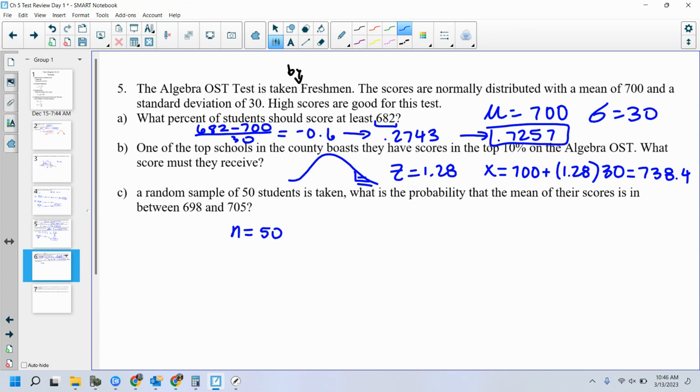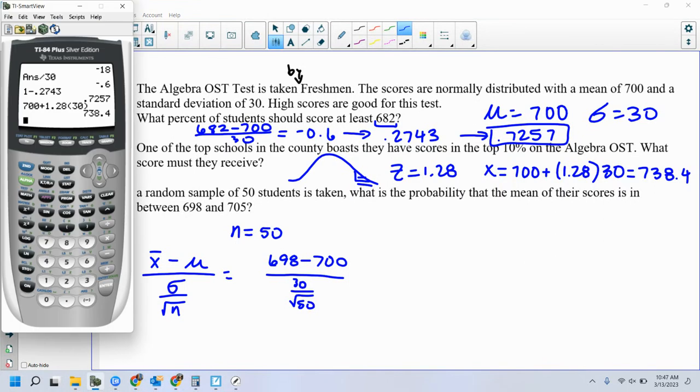All right. So now we have to go with x bar minus mu over sigma divided by square root of n. Let's do 698 first. 698 minus 700 divided by sigma, which is 30, over the square root of 50.